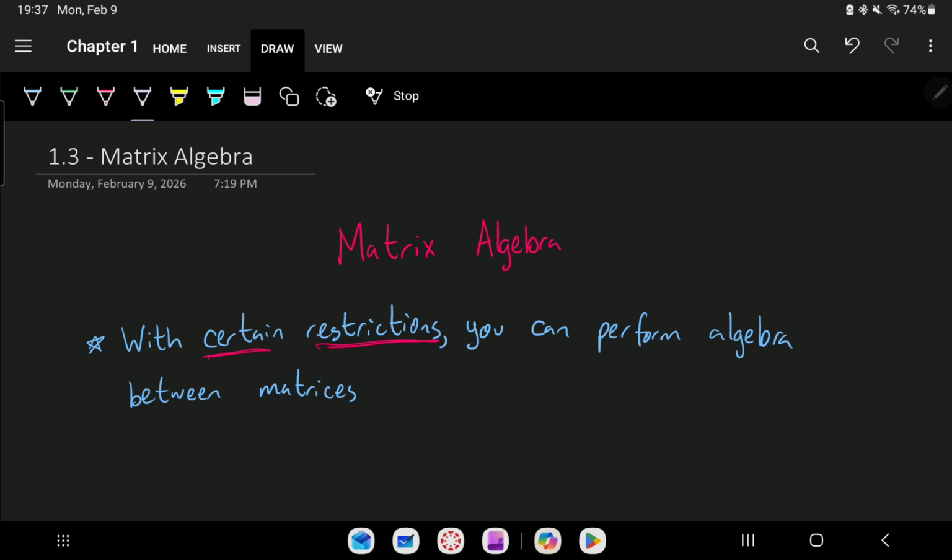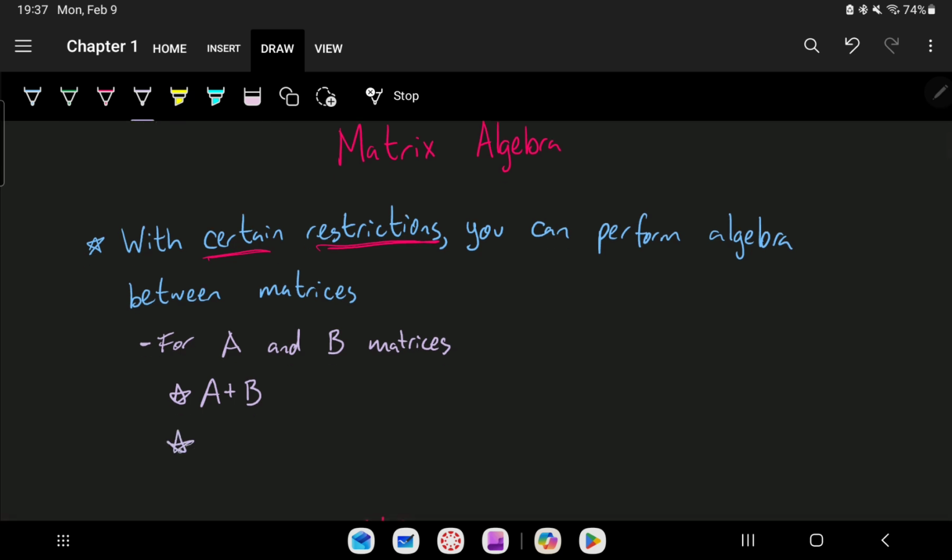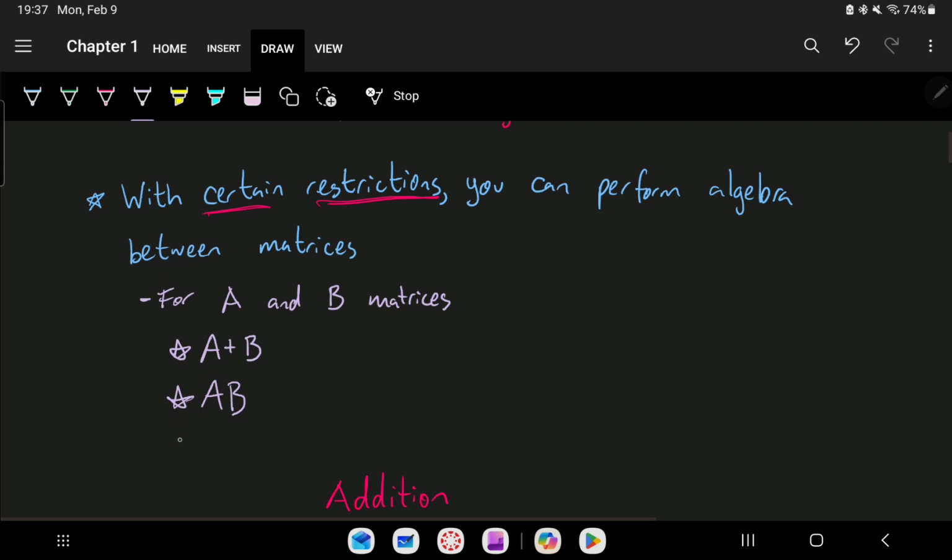So just for example, say we have matrices like A and B, you can, with certain restrictions, say A plus B, and you could say A times B, and you could also say some number C, just a real number, times A, right?